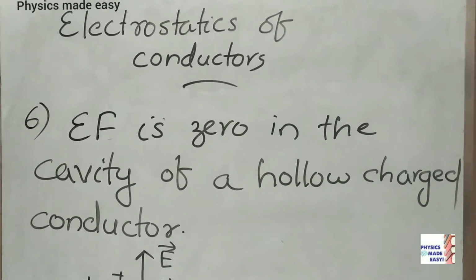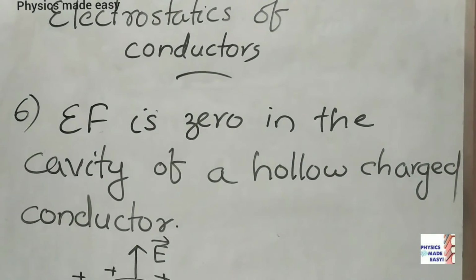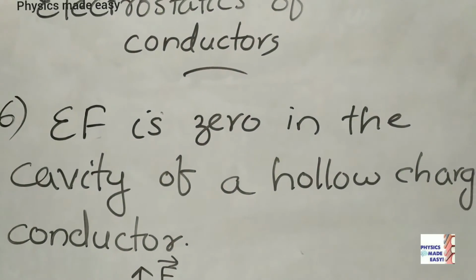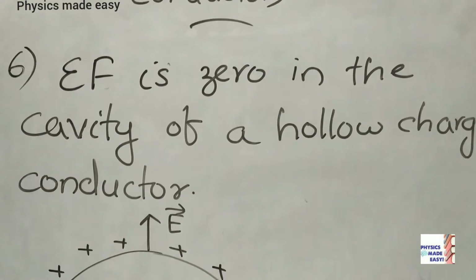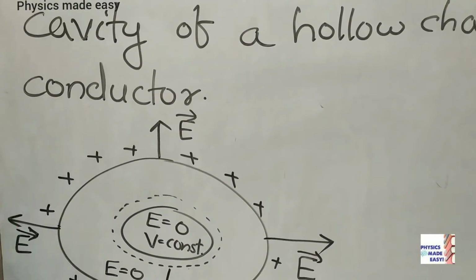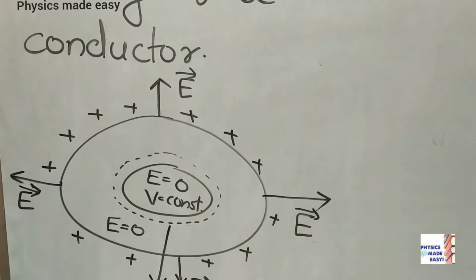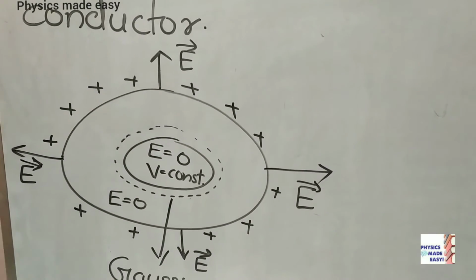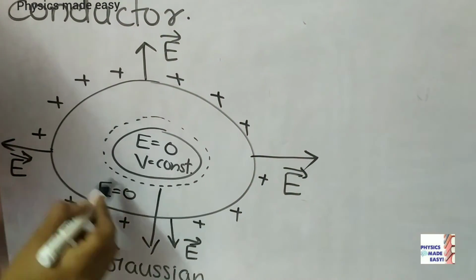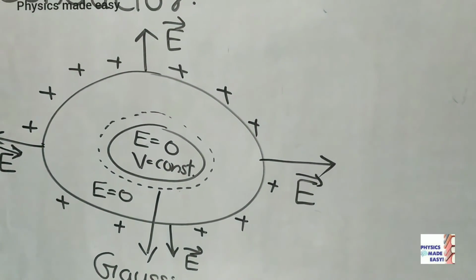Last one, the electric field is 0 in the cavity of a hollow charged conductor. Here you can see a charged conductor having a cavity with no charges inside the cavity. Imagine a Gaussian surface inside the conductor quite close to this cavity. This dotted line gives you the Gaussian surface.